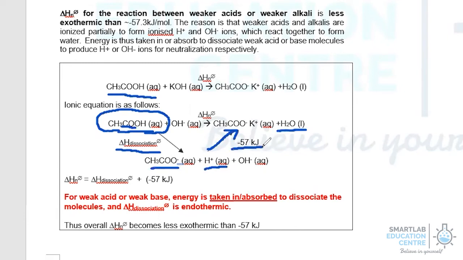And that enthalpy of neutralization remains as negative 57 kilojoules per mole. The enthalpy of dissociation will be endothermic, since energy is taken in to break the molecules to form ions. Hence, the enthalpy of neutralization between the strong alkaline and the weak acid would actually be less exothermic than negative 57 kilojoules per mole.